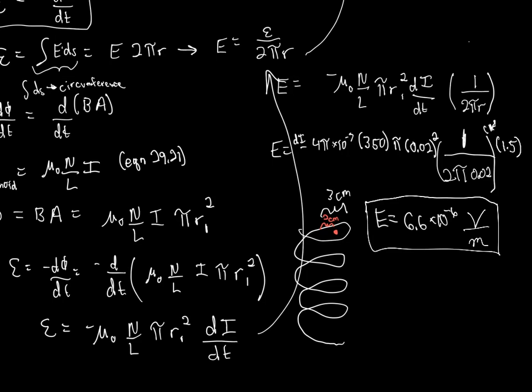Part B, a couple things are going to change. Yeah, toss the negative in there. So part B, I'm going to use the same equation. Negative mu naught n over L pi r1 squared di dt times 1 over 2 pi r.